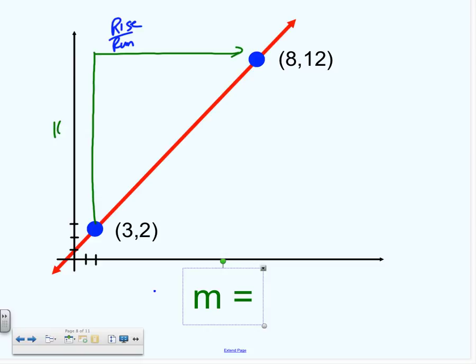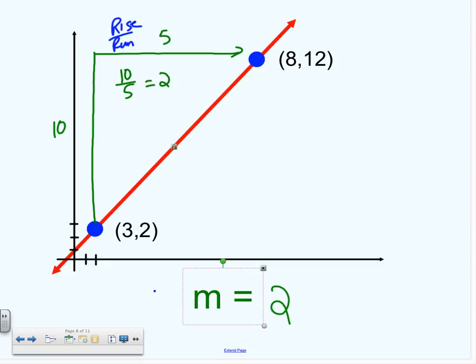In this case, I've gone up 10 and I've gone over 5. So my rise over run is 10 over 5, which simplifies to 2. So our slope, in this case, equals 2. And remember, our slope is represented by m. So in this case, m equals 2.